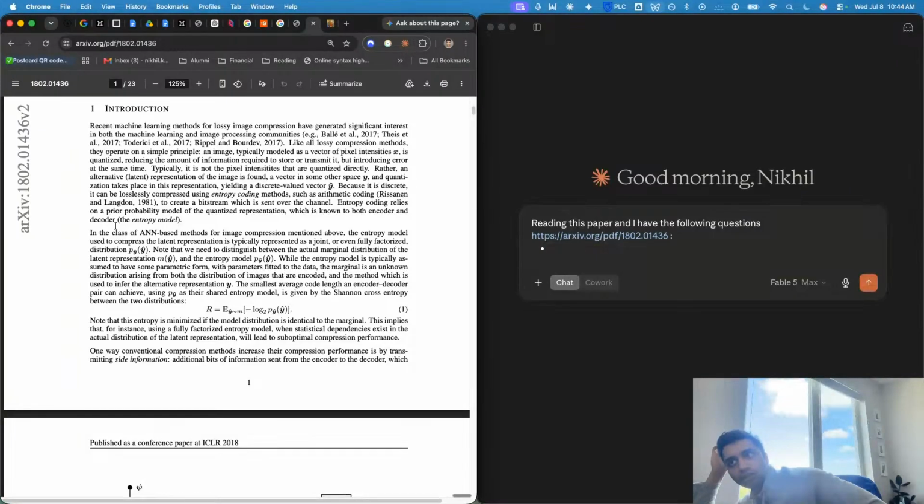Need to distinguish between marginal distribution and entropy model. Method which is used to infer alternative representation. Why? Average code. Decoder pair can achieve.